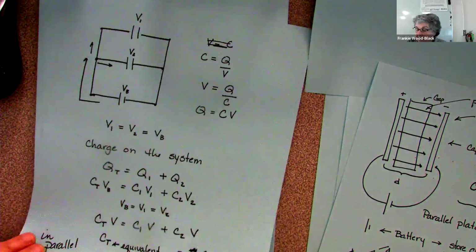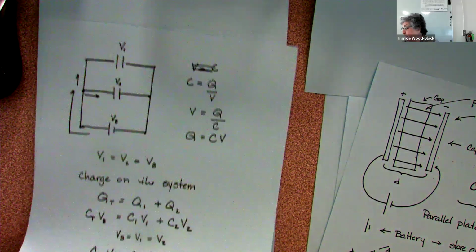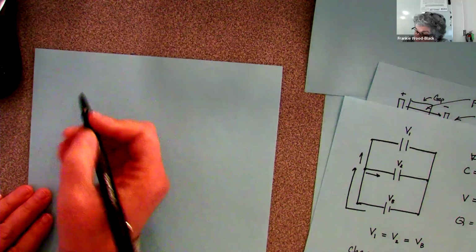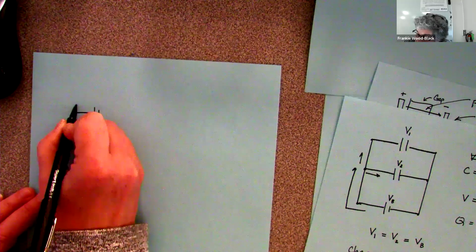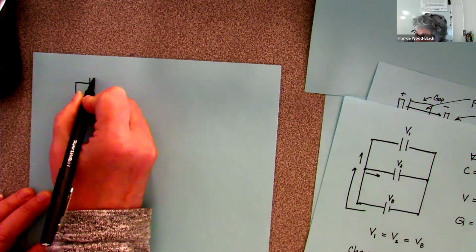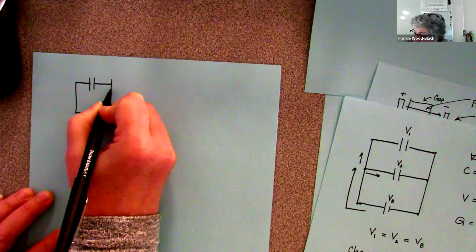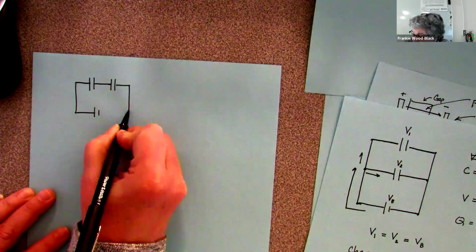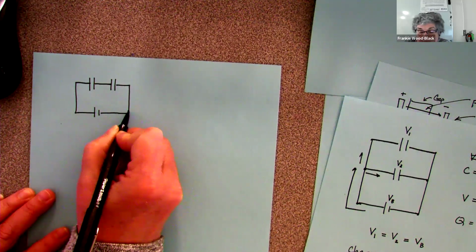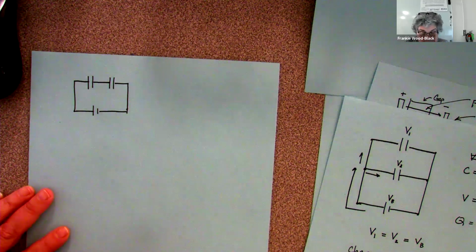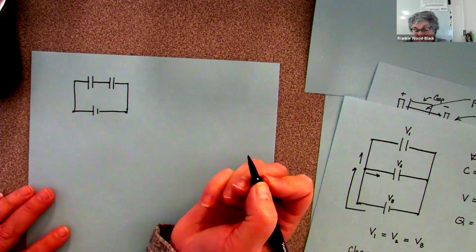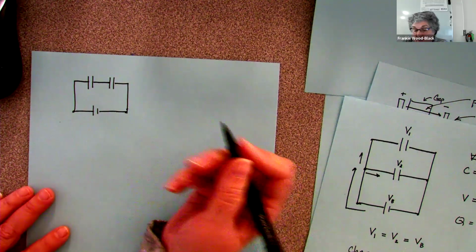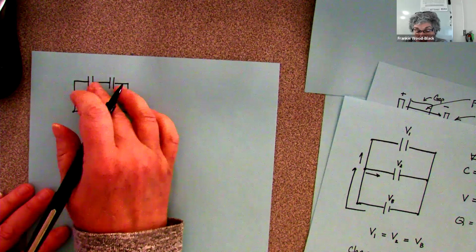Well, let's look at what happens if I'm in series. Here's my battery. And now the charge has to go through one capacitor before it goes through the second capacitor before it comes to the other end. If I measure my voltage here, that's going to tell me what I've got.